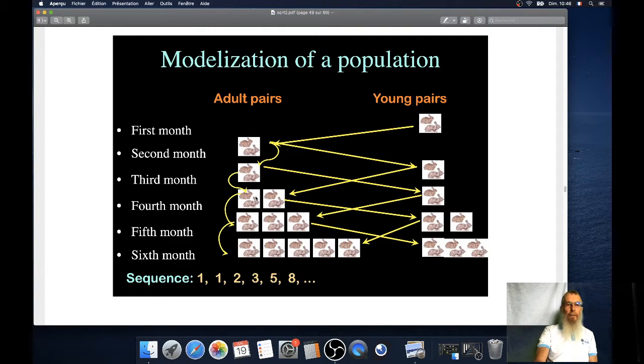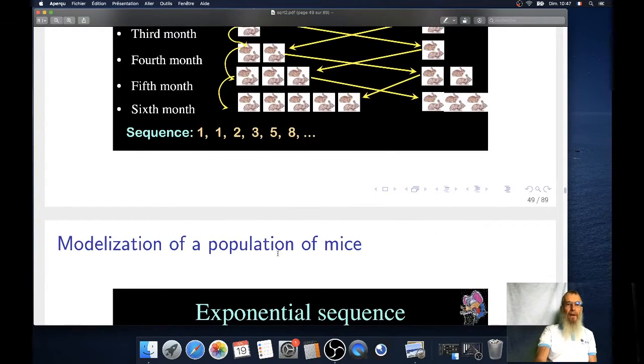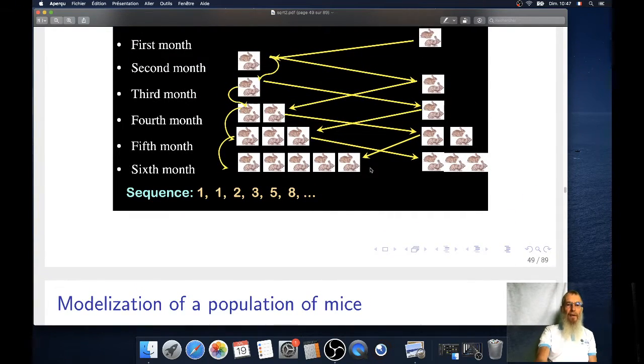The young pair becomes adult, but the first adult pair gives birth to another young pair, and after that, both of them give rise to young pairs, and you have the sequence 1, 1, 2, 3, 5, 8. Either way, if you look at the total number of rabbits at 1 month or the previous month, this number is the sum of this one plus this one.